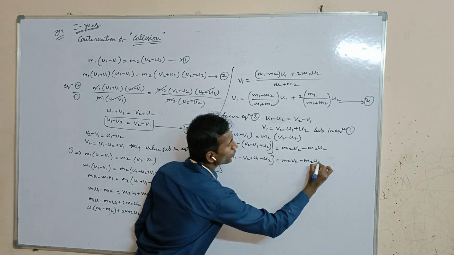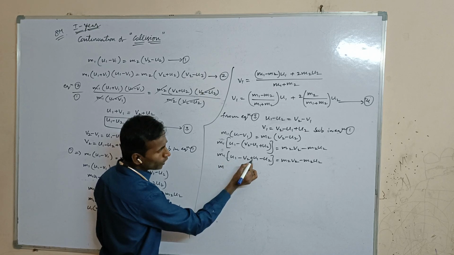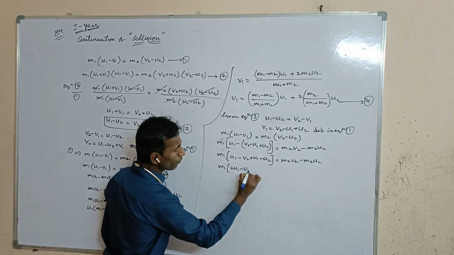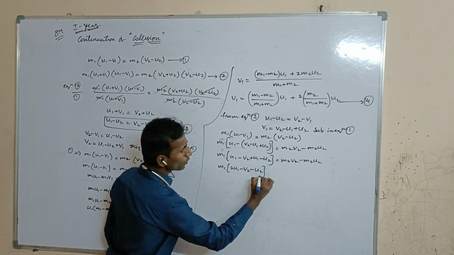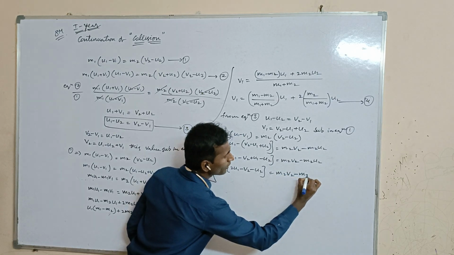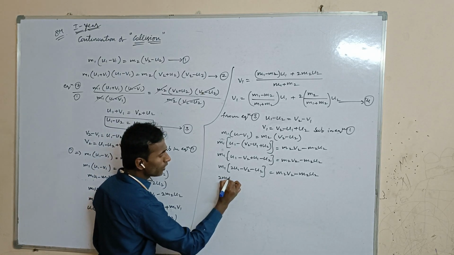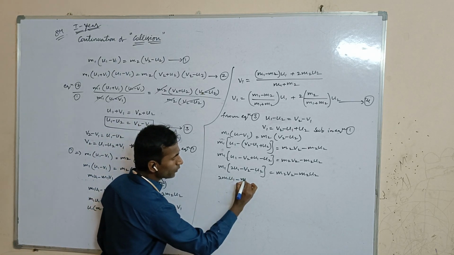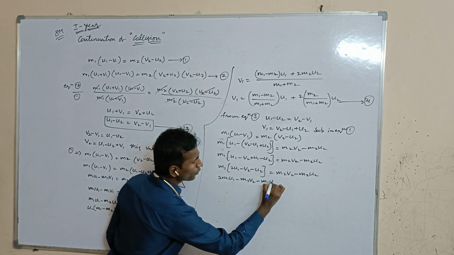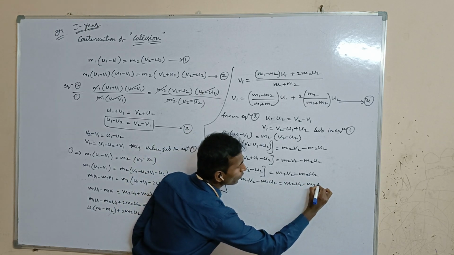Then m1 u1 plus u1 gives 2u1. So once again, 2u1 minus v2 plus u2 is equal to m2 into v2 minus m2 u2. Then 2 m1 u1 minus m1 v2 plus m1 u2 is equal to m2 v2 minus m2 u2.